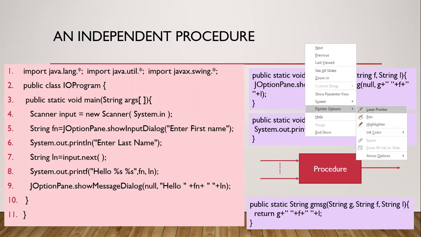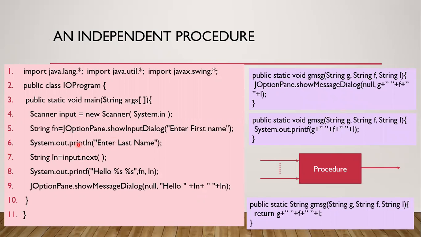This program is simply taking input from the user through a GUI interface, the first name, and taking input from the user through a CLI interface, the last name, and then it creates a greeting message for the user on the CLI interface and then the GUI interface.